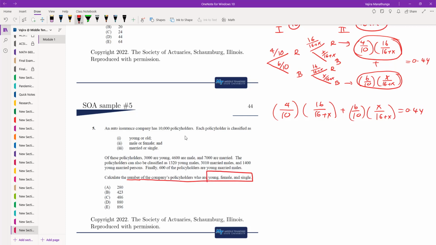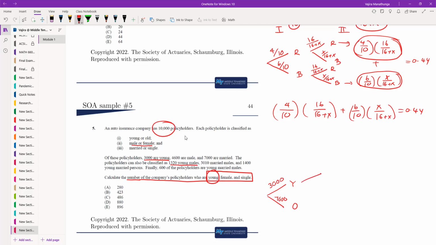So we know that the total is 10,000. Let's start from the information given. 3,000 are young. So I can divide 10,000 into young and old. Here I have 3,000 young and then 7,000 old. Then I have male and female, the next category. Since we are focusing on young, I'm going to focus on the young branch.